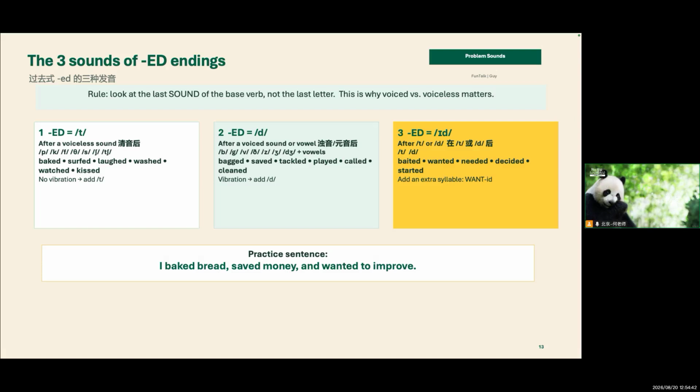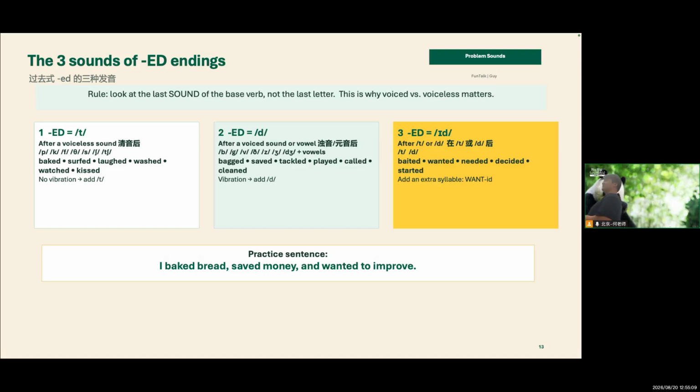All right, so one reason that's important is because I'll give you one example. We have this ED endings. 我不知道你们知不知道这个我们英语的 ED, 比如说 baked, surfed, laughed, bagged, saved, tackled, baited, wanted, needed, 有3种发音方式：一个是 T, 一个是 D, 一个是 id.